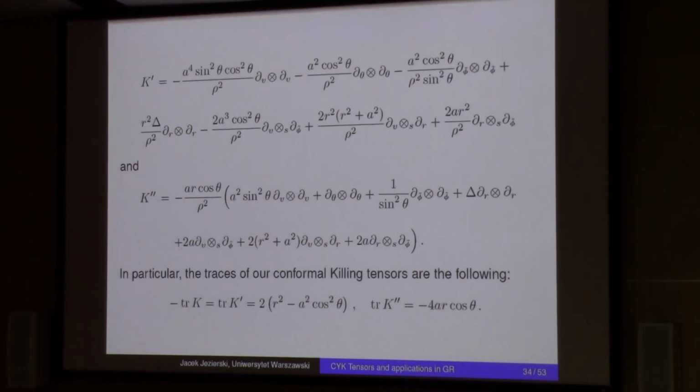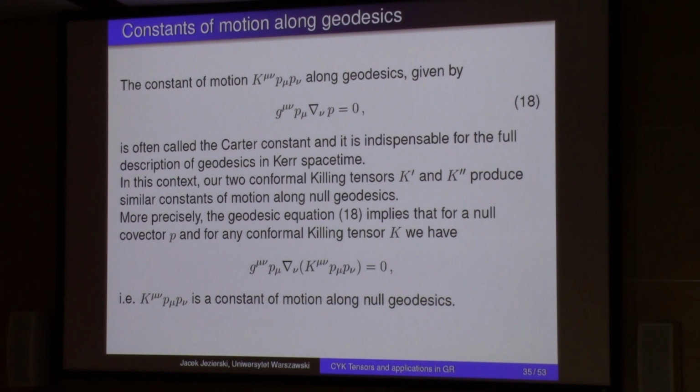So there are some explicit forms. This is how constant of motion appears along geodesics. This is obvious. So this is K mu nu p mu p nu. Is this constant of motion?